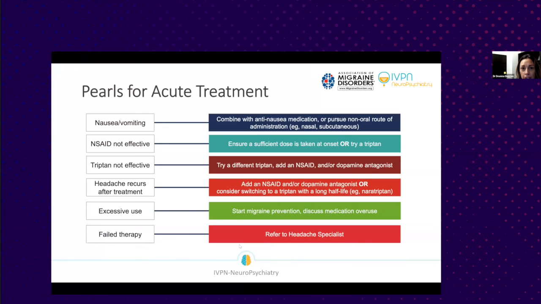And if the migraines are quite chronic, especially if they're near daily, a lot of times triptans are not effective and won't work well. It's not to say that they may not work later on, but until we have a good preventive plan in place, the acute plan may not be nearly as effective. Please refer to a headache specialist if you feel that you've exhausted all options, and let us help see if we can get a different plan in place to get their migraines better controlled, better effectively aborted. Next slide.